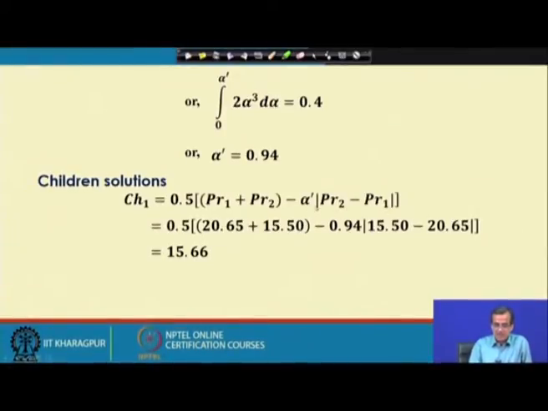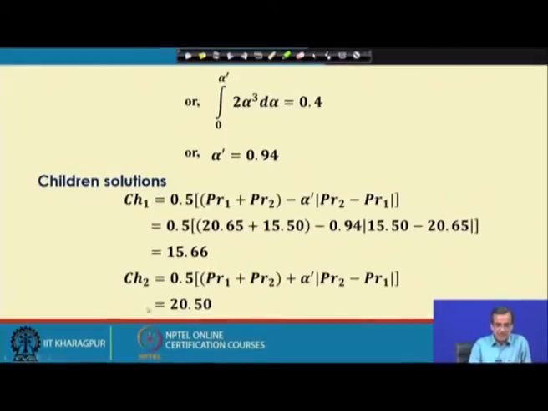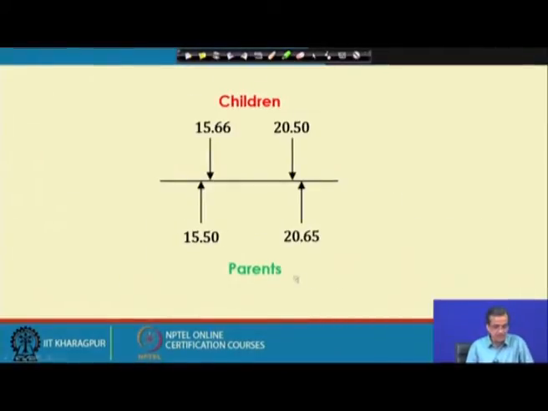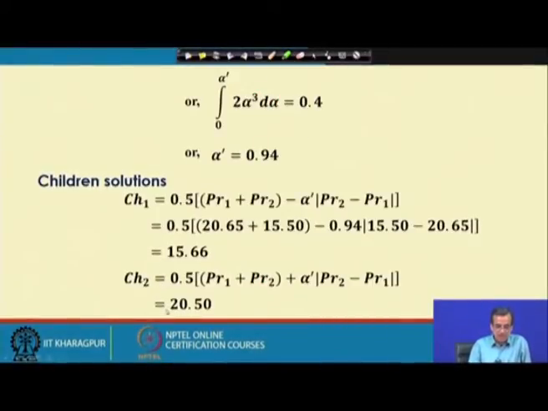You just substitute the numerical values for P r 1, P r 2, alpha prime, and if we calculate, you will be getting 15.66 as child 1. Similarly, we can find out child 2, only I will have to put a plus sign here, and we will be getting child 2 as 20.50.